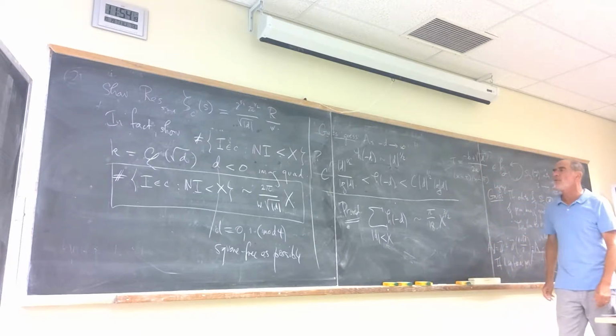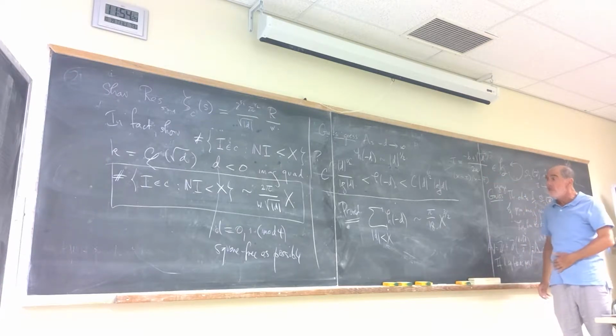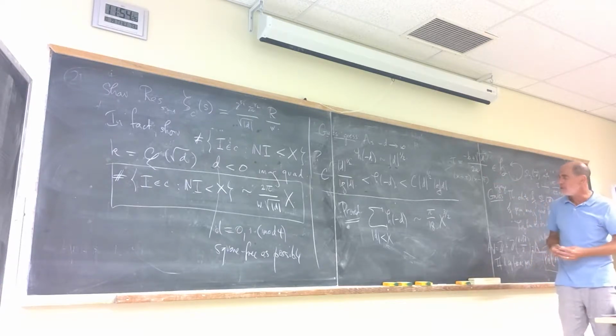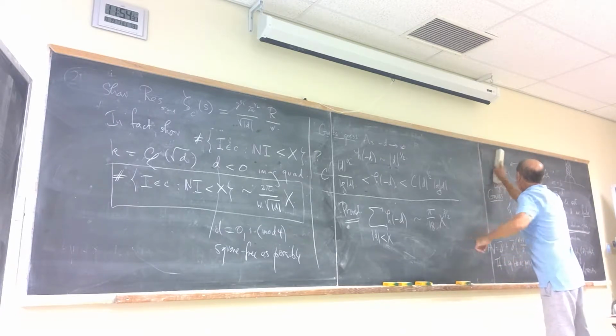So he proved an average result on the growth of the class number, even though he couldn't prove it for an individual class number. How did he do that? Well, as I say, that's geometry of numbers.